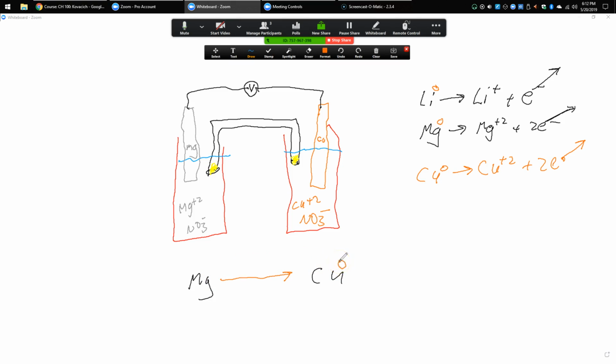What would its charge be if this copper tried to gain 2 electrons? If this magnesium tried to give 2 electrons to that copper, what would the copper's charge be? -2. Yeah, and metals can't be negative. They can be 0 and they can have a positive charge, but they can't have a negative charge. So copper metal can't actually accept any electrons.